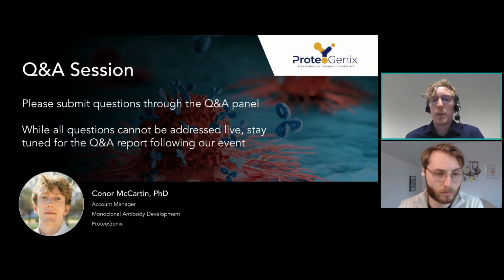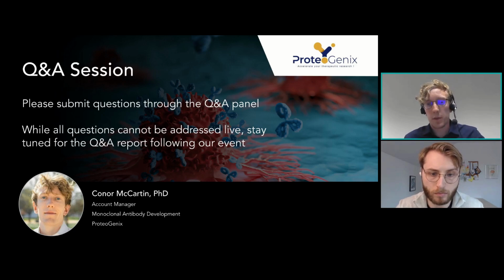However, it is theoretically possible for us to do a panning blind if it is absolutely necessary for the client. This is opposed to, say, hybridoma, where we're injecting an animal and it is 100% necessary for us to know whether what we are injecting is toxic or not for animal welfare reasons. But we're well used to handling projects with a high degree of confidentiality, and we've never had a problem.